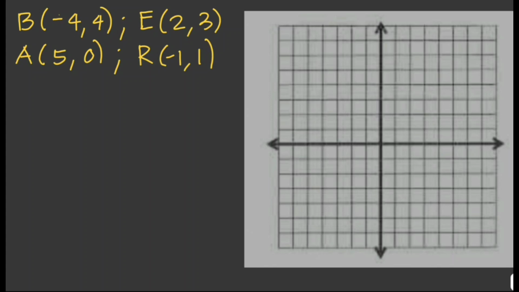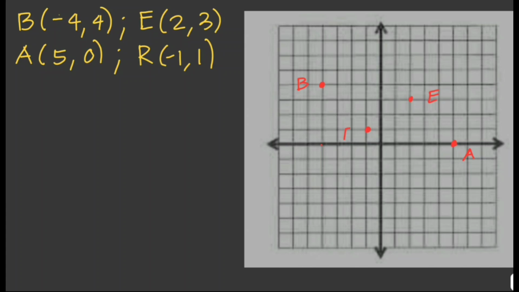So we have point B, that is negative 4, 4, so it should be somewhere here. So this is point B. And then point E is 2, 3, so somewhere here. And then point A, 5, 0, 1, 2, 3, 4, 5. So this is point E, and point R is negative 1, 1.